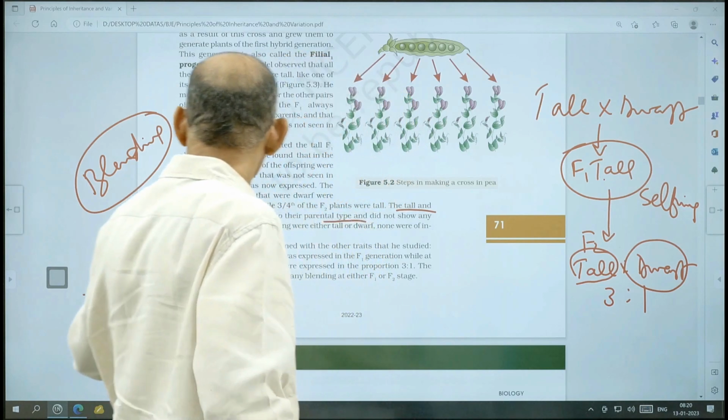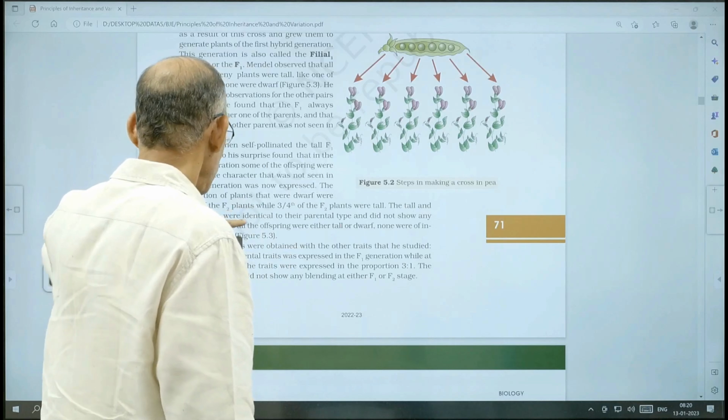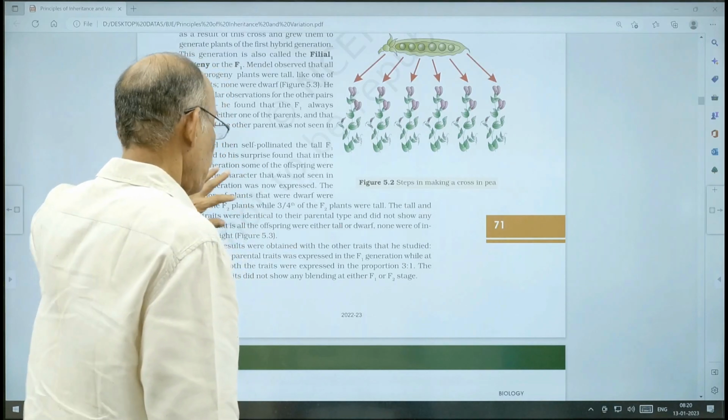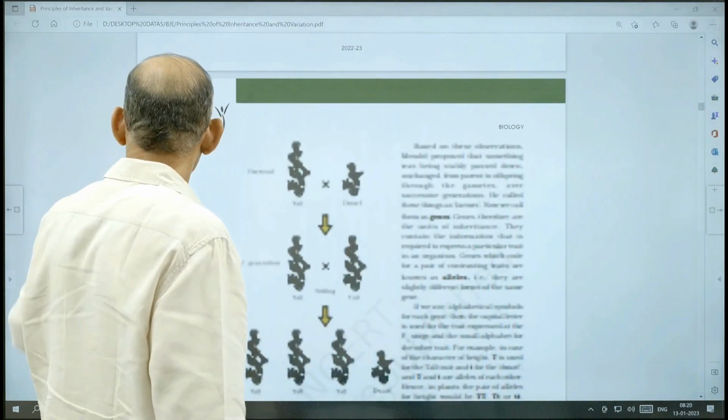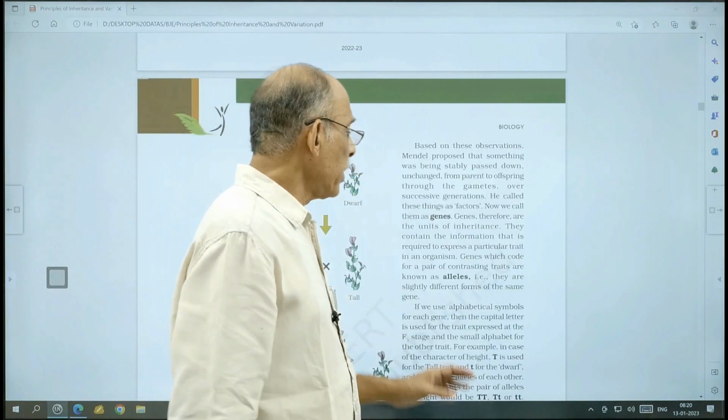Okay. Now, the next and most important thing: there was no blending. Then Mendel did the same experiment with all the 7 characters.